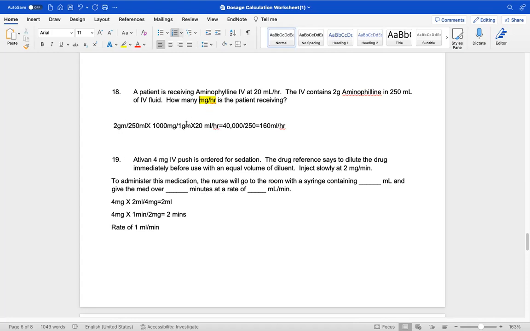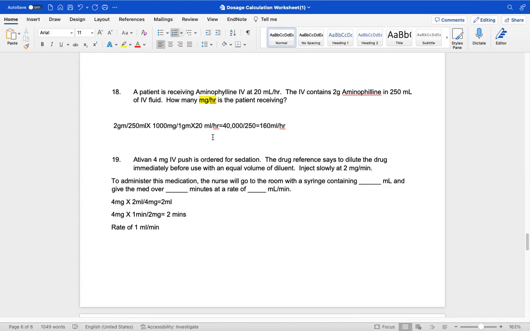So grams on the bottom cancel out grams on the top here. And then we're going to throw in what the current infusion rate is. So 20 mLs per hour. So our mLs on bottom cancel out our mLs on top here. That is going to leave us with milligrams per hour.